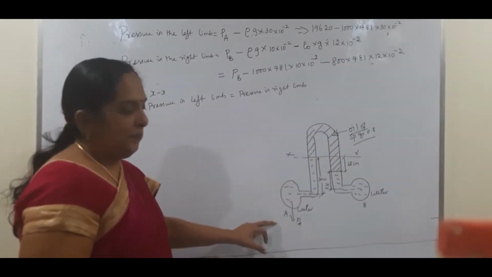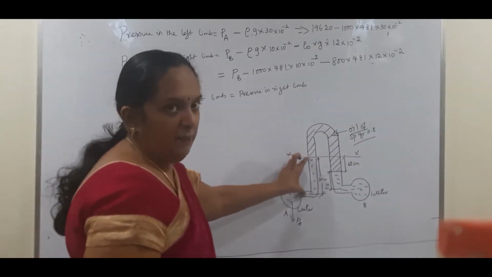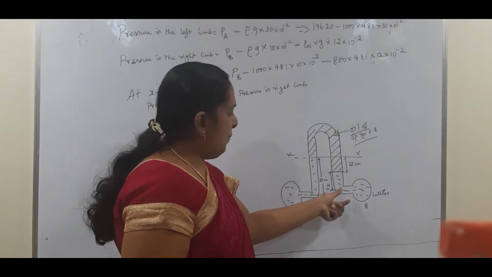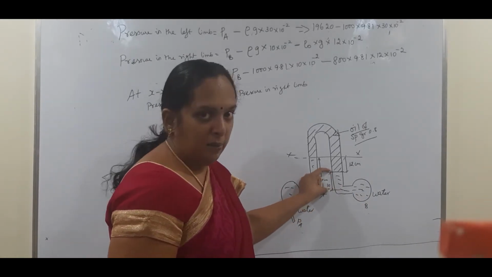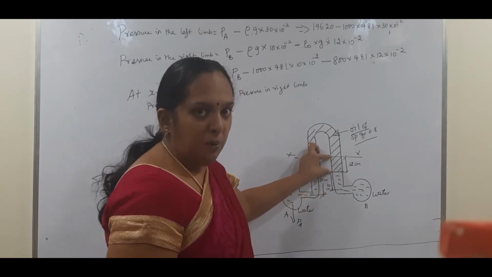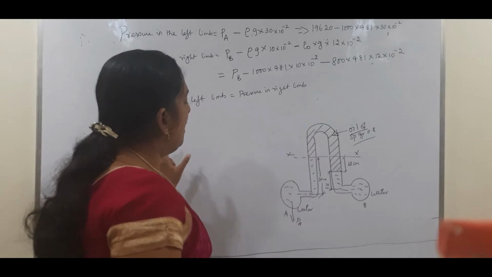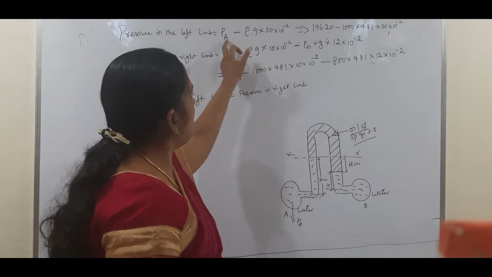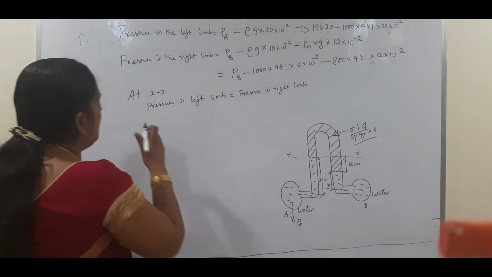One is PA and the other one is because of this liquid level. The pressure in the right limb will be PB, and because of the water, what pressure is coming, then because of the oil, what pressure is coming. So totally we have 3 terms on the right hand side and 2 terms on the left hand side. So we are equating it.